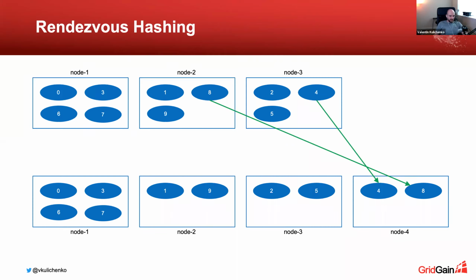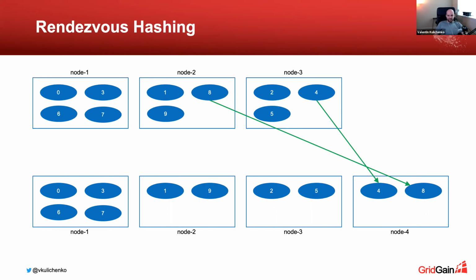So if we look at this, the first node doesn't have any changes at all. It has all those 4 partitions remaining there, and other than 2 partitions moving to node 4, node 2 and node 3 also do not have any change. So this is called the minimal disruption requirement.